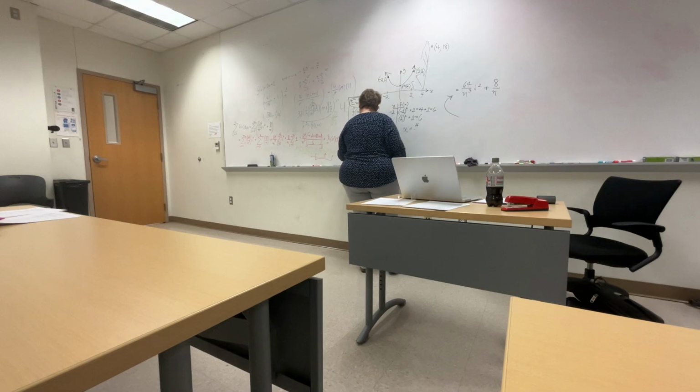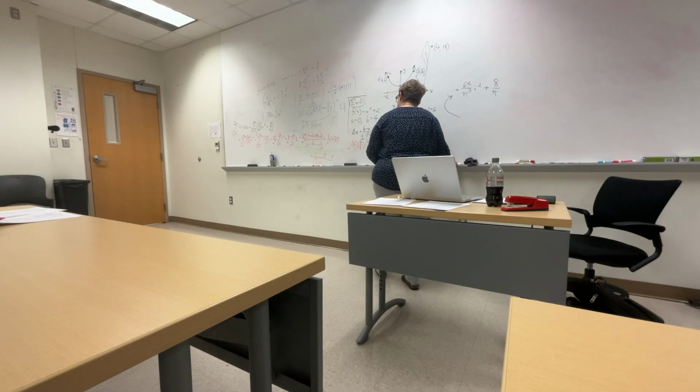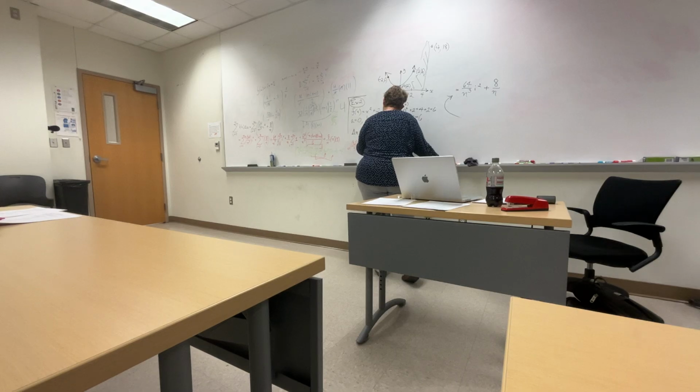n over n, like it said, is 1. So the second parentheses becomes 1 plus 1 over n. And the third, I'm going to write it in 2 steps. We have 2n over n plus 1 over n.